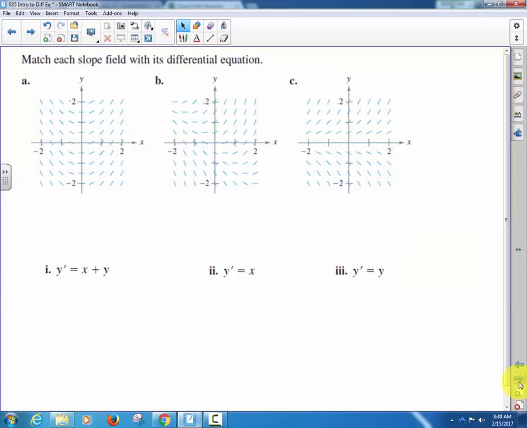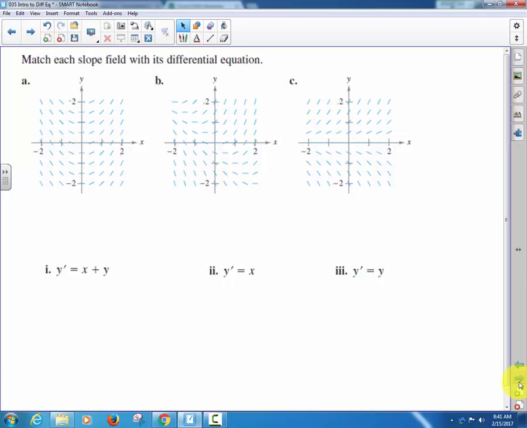Okay? Here are 3 slope fields that we've got drawn. We need to match them to the equations that they have there. So take a moment, see if you can decide which one you think goes to each one and why. I'm much more interested in the why you think it than what you think.